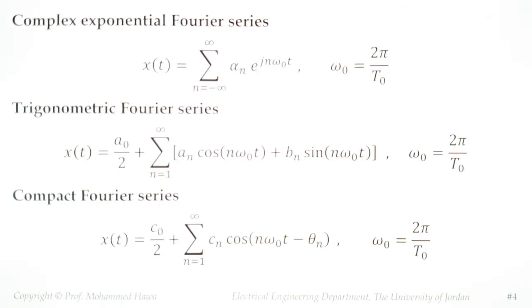And to understand the two examples I'm going to show you, let's just look at this equation first, the compact Fourier series form, which says that if you have x of t periodic, you can write it as a DC plus a cosine n equal 1, plus another cosine n equal 2, plus another cosine n equal 3, n equal 4, n equal 5, n equal 6, and so on.